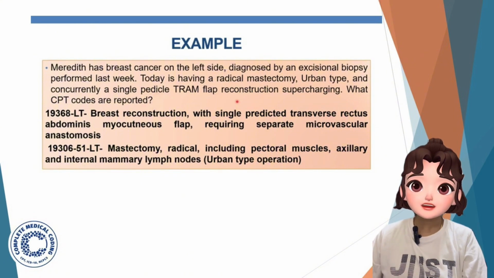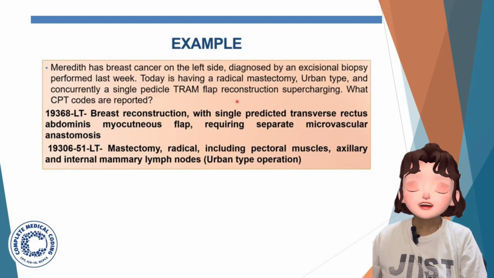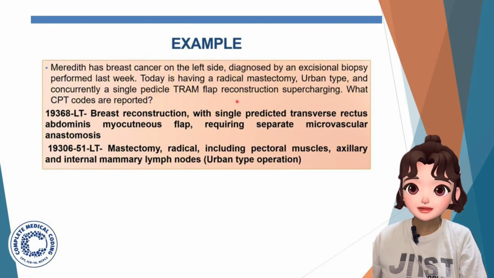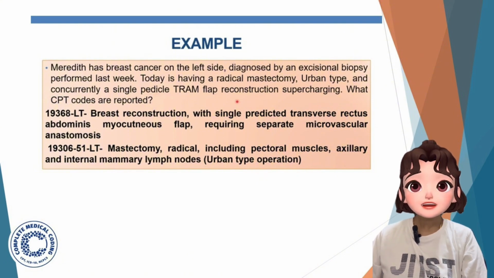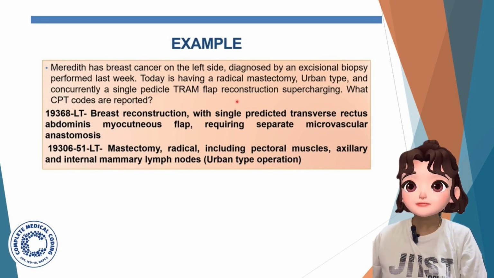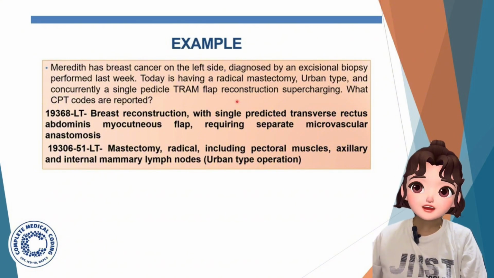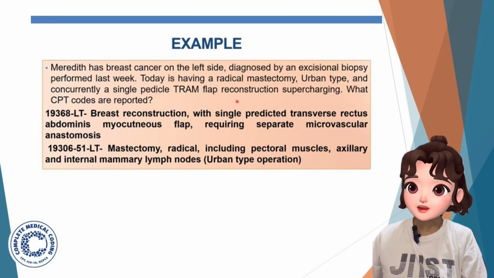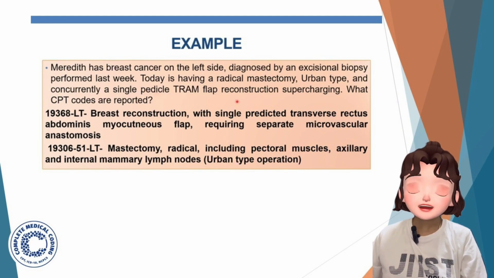Here you have to code for the breast reconstruction procedure as well as the mastectomy procedure. Both you have to code, because the patient is already diagnosed with breast cancer. Today she is having a mastectomy, and also TRAM flap reconstruction, that is a breast reconstruction procedure. So, if you go to the first one, 19368.